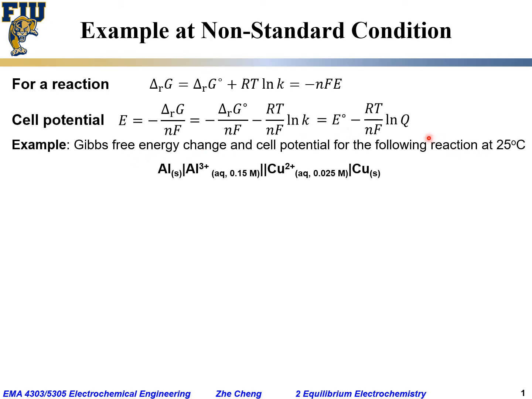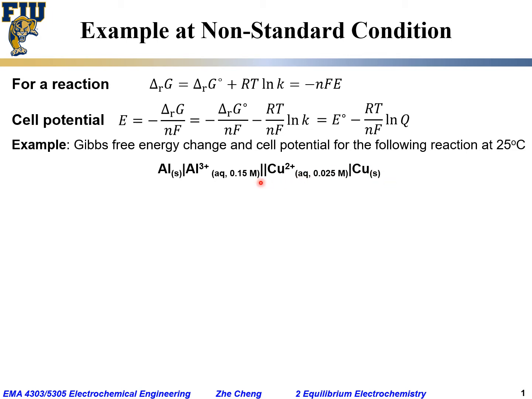So with this, let's look at an example. We want to calculate the Gibbs free energy change and cell potential for the following reaction, again at 25 degrees C or 298.15 Kelvin, and the cell contains two metals, aluminum on one side, copper on the other side. Each of these metals is inserted into a solution that contains, respectively, aluminum 3+ ion and copper 2+ ion.